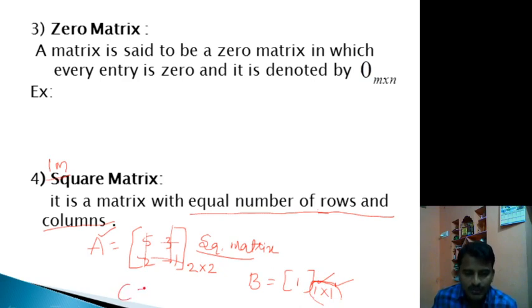One more example I will take, C is equal to [-1 2 4; 3 0 0]. Can you say that this is a square matrix?